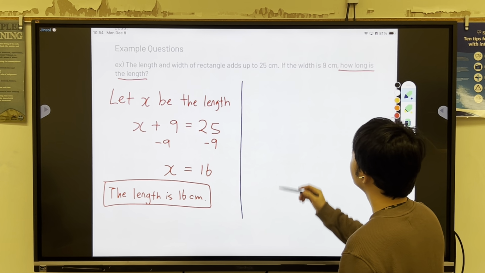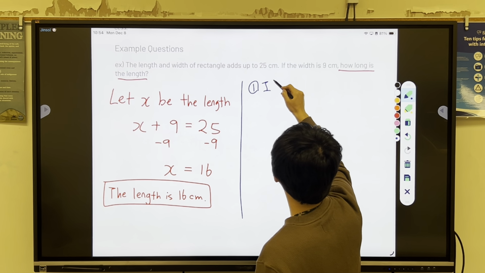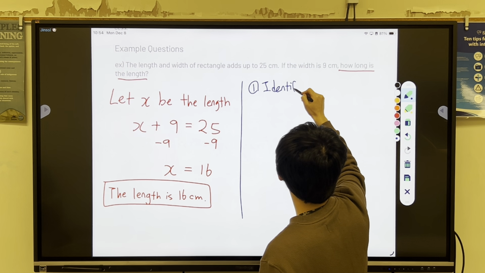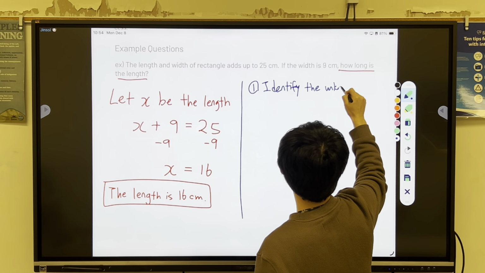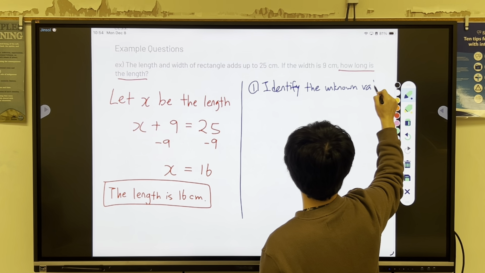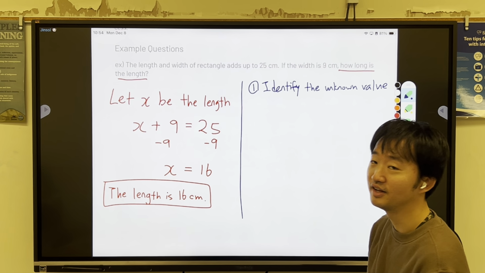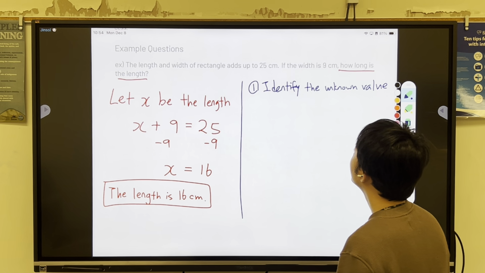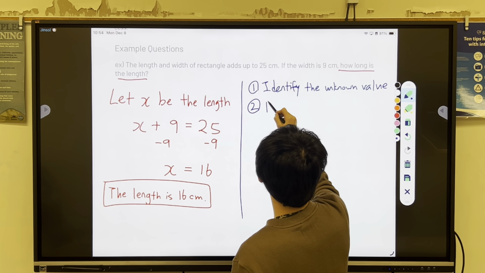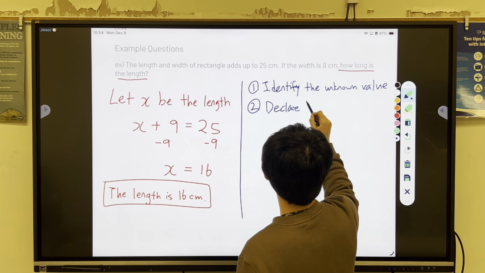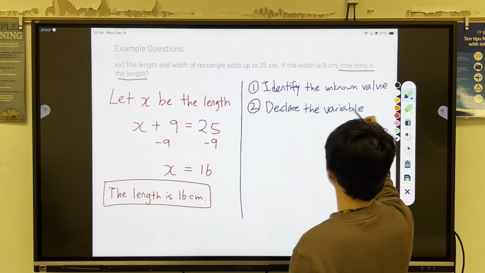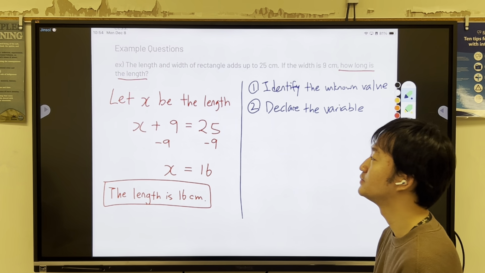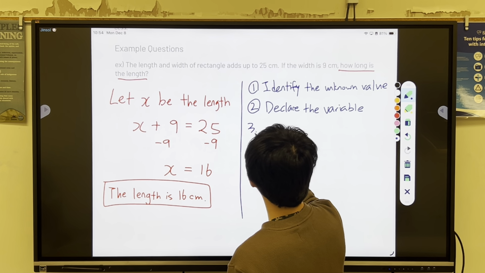Let's annotate the process. The first thing is to identify the unknown value. In this case, I did that by underlining the last sentence. The second step is to declare the variable. That's the let x be statement. The third step is to set up the equation.